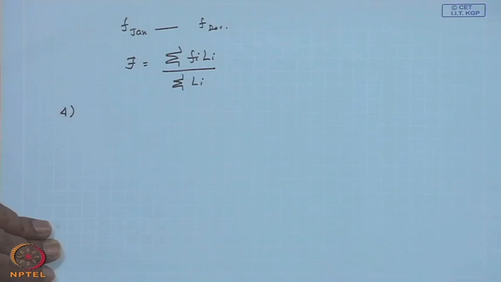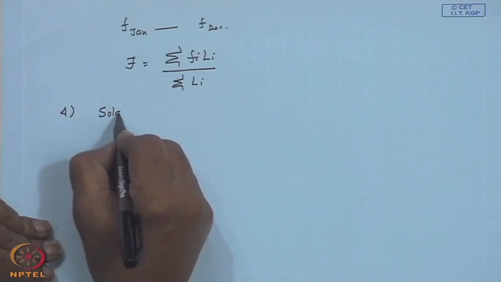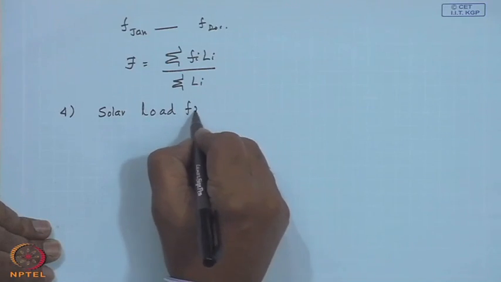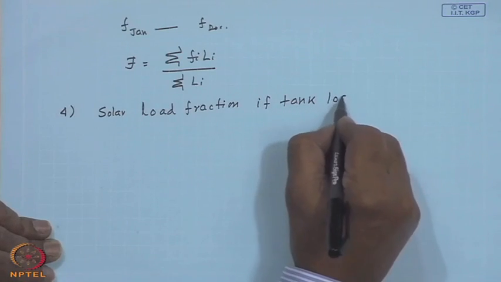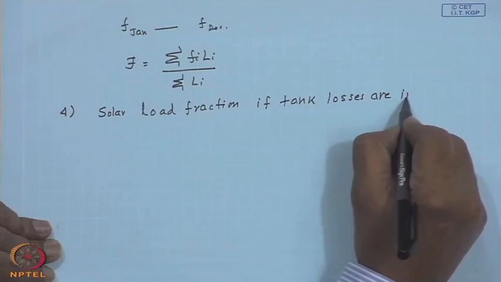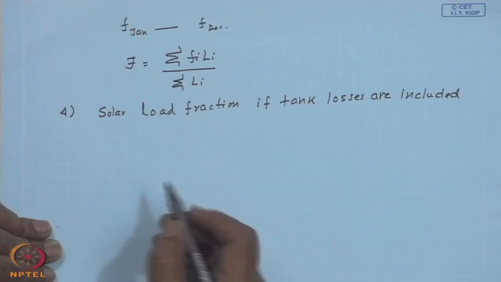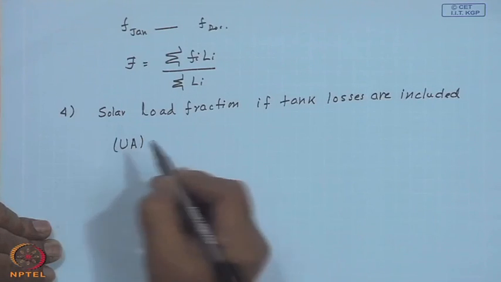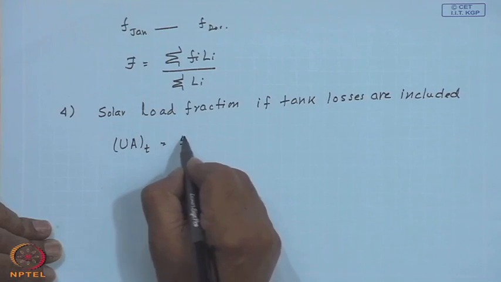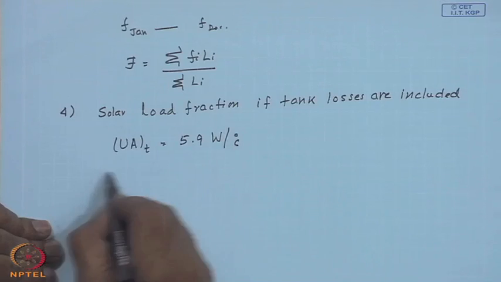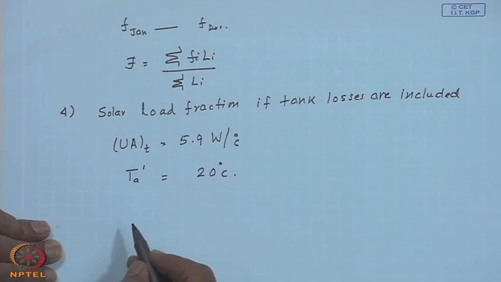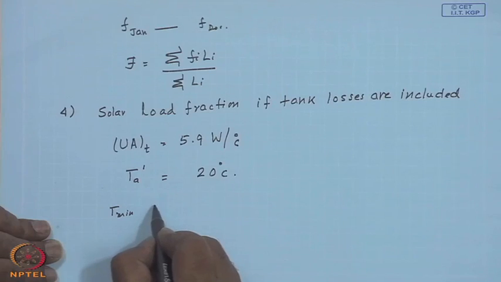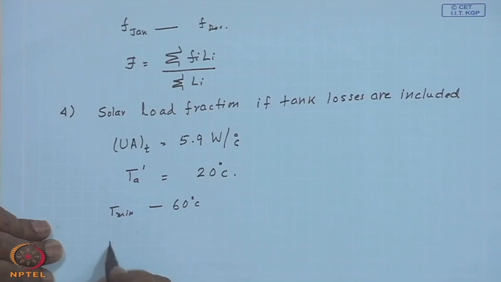4, solar load fraction we will try to calculate if tank losses are included, and given the area overall loss coefficient product of the tank is 5.9 watts per degree C, and the surrounding temperature, we will call it T dashed, is at 20 degrees C. So, T minimum we know is 60 degrees C. So, I will assume as a first guess for the tank temperature to be 62.